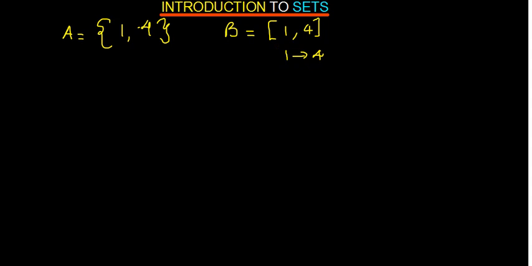So you can't list numbers between 1 and 4. You also have 1.01, 1.001, 1.5, 1.6. You can't list numbers between 1 and 4. So when you are using intervals, these are sets that it is very difficult to list. But here we're only talking about the number 1 itself and the number 4 itself.